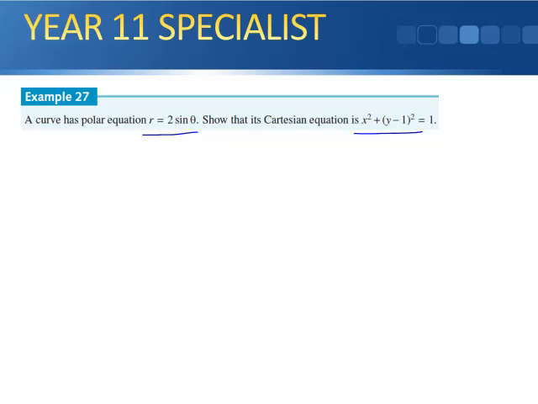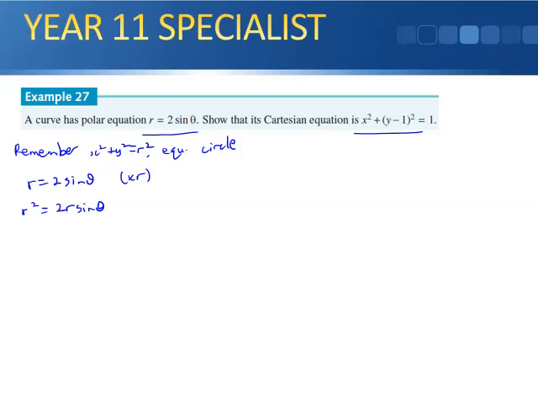Okay, so we're going to remember a couple of things here. Remember that x squared plus y squared equals r squared is the equation of the circle. We also know that r equals 2 sine theta. And if I times everything by r, so I can get this r squared, I get r squared equals 2r sine theta.